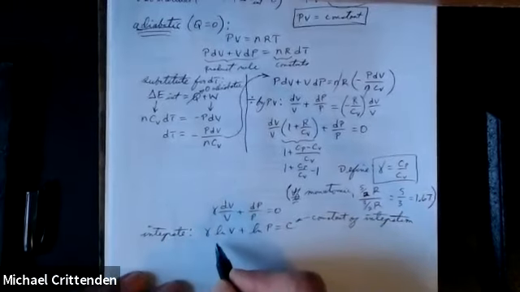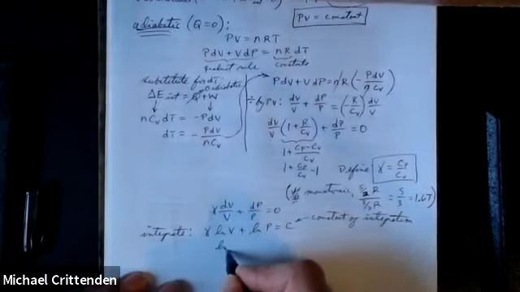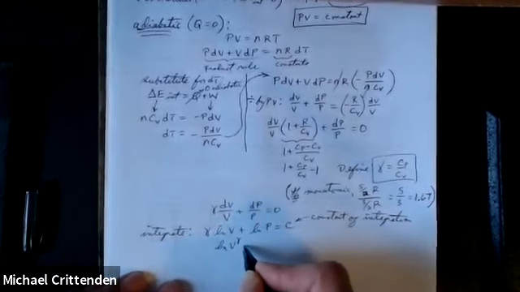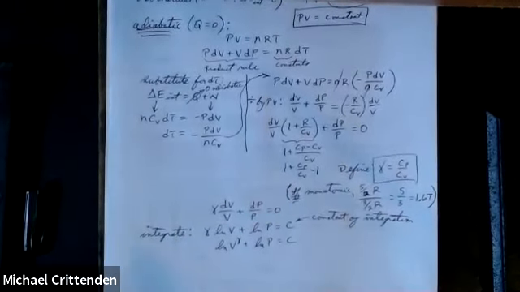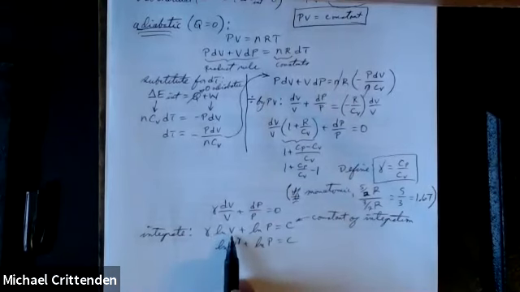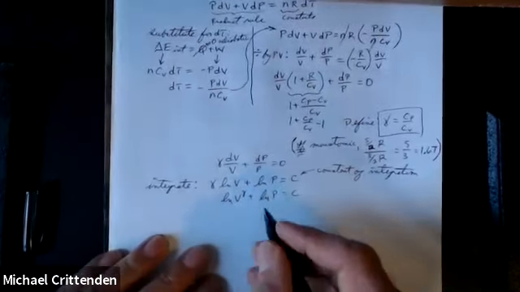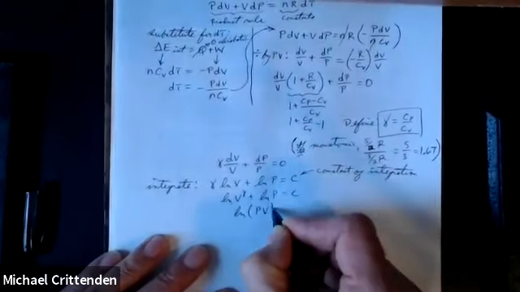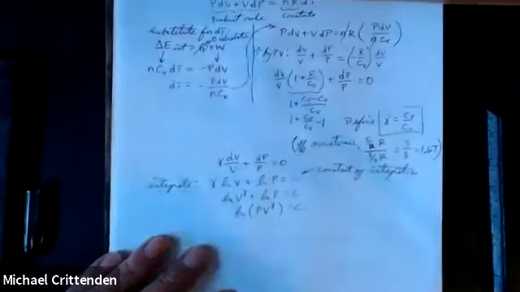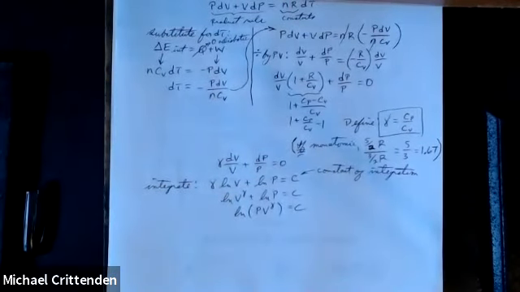Properties of logarithms. Gamma times the log of V would be the log of V to the gamma power, using one property of logarithms. Using another property of logarithms, we have that.